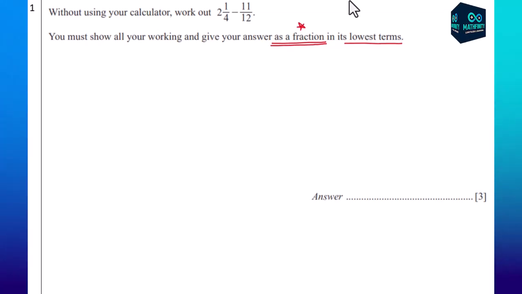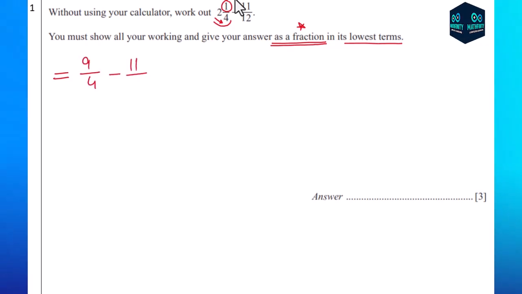Before starting to solve, as I already explained, whenever we see a mixed number, we have to convert it into an improper fraction. What is the method? 2 times 4 is 8, and we add the numerator, so it will be 9. 2 times 4, 8, plus 1, 9 over 4, minus 11 over 12.